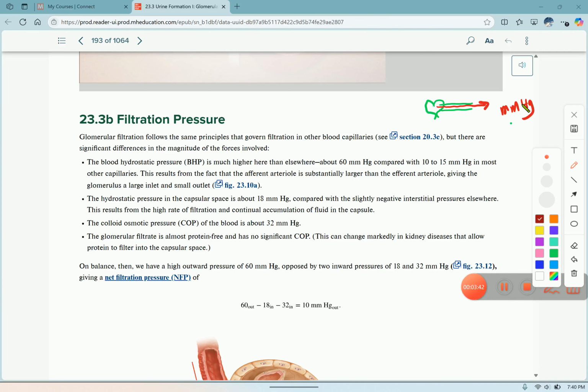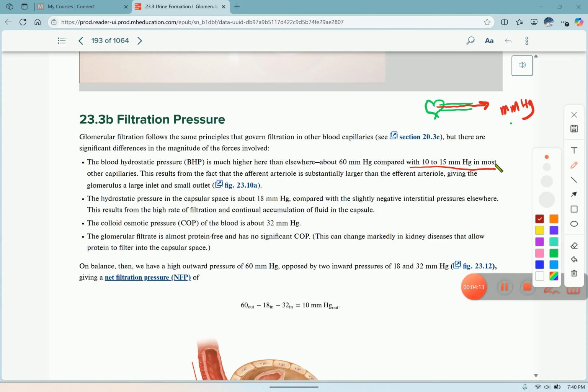So that's the amount of pressure. So blood hydrostatic pressure is a lot higher here inside of the glomerulus area compared to about 10 to 15 millimeters of mercury in most other capillaries.